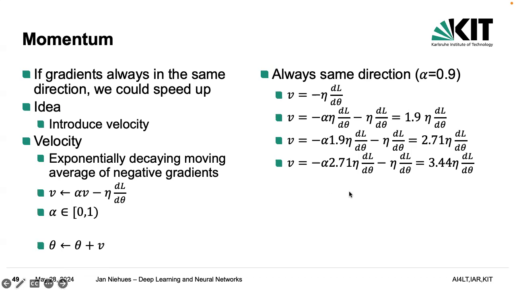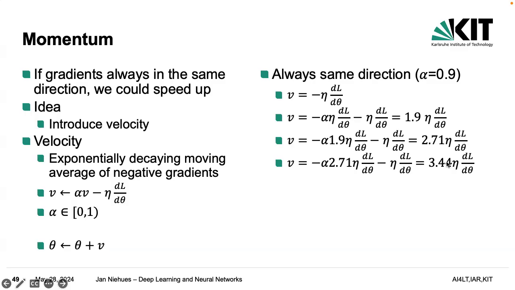So in the next step, you're going nearly twice in the direction, nearly double speed. So you have here 1.9 times the direction. In the next step, it's 2.71 times. So you're always speeding up, and then it's 3.44 and so on.